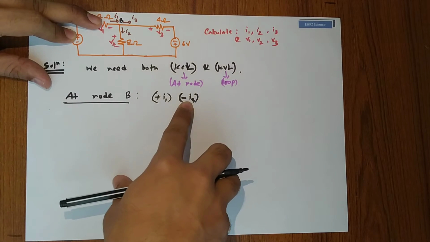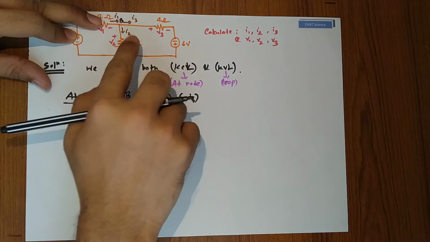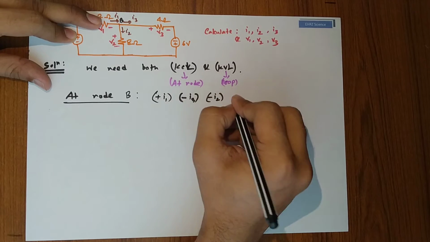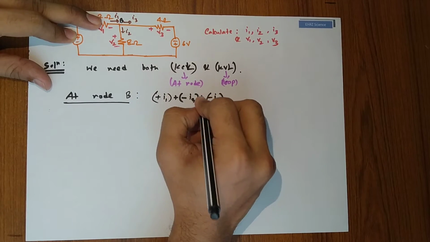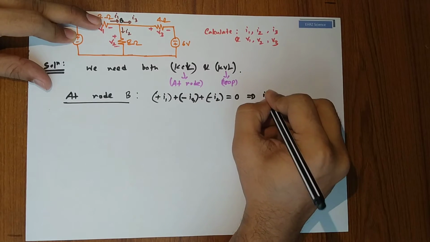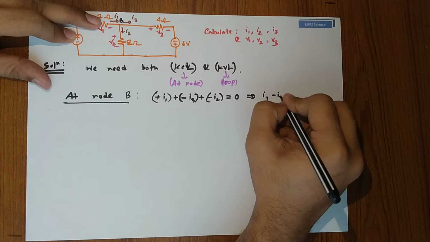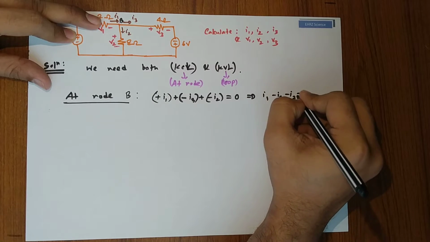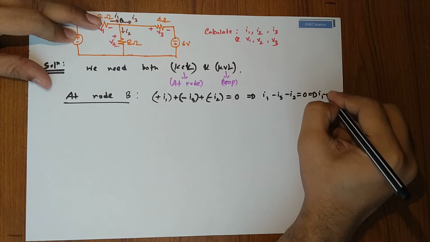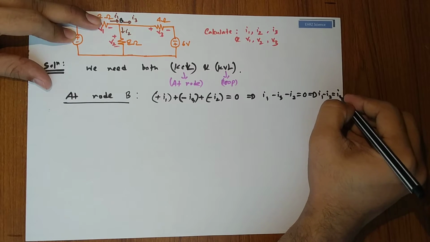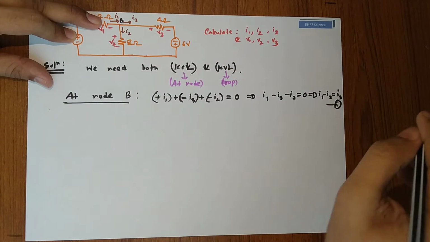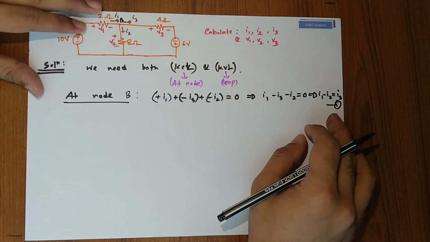You know that the leaving current has opposite polarity, and I2 current is also leaving, so negative I2, and the total algebraic sum of these currents is equal to 0, which gives us I1 minus I3 minus I2 is equal to 0. In short, we can write that I1 minus I2 is equal to I3. This is our equation 1. We will need that equation later on.